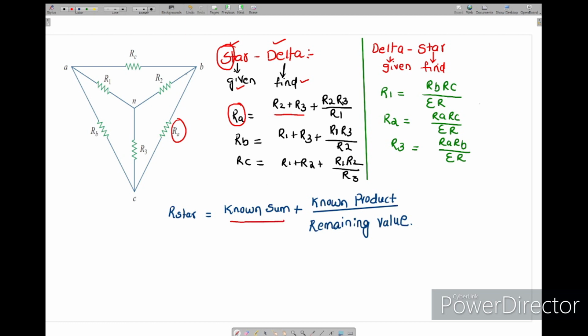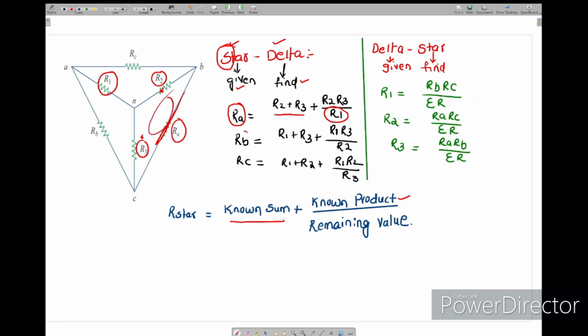Which sum? This R2 and R3. Because if you see this RA, this is formed between R2 and R3. So we have to write known sum, that is R2 plus R3, and their product R2 into R3 divided by remaining, which is not covered in this path. So that's what I wrote.